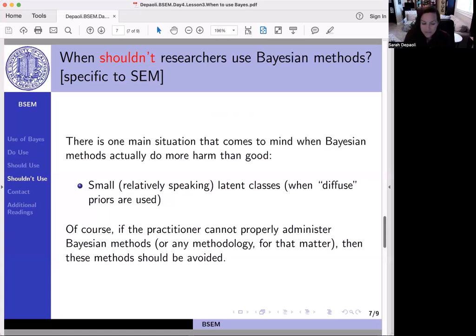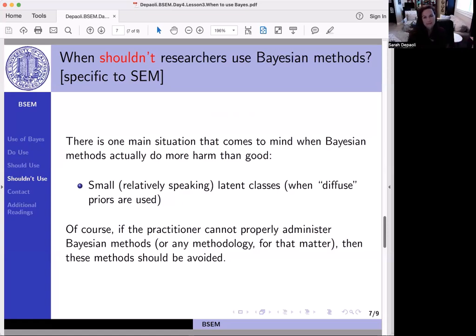So this is a big case where you have to think: if I have no clue how big my classes are, maybe there's a tiny class. If there happened to be, it would be really hard to properly pull that out without using an informative or weakly informative version of the prior.